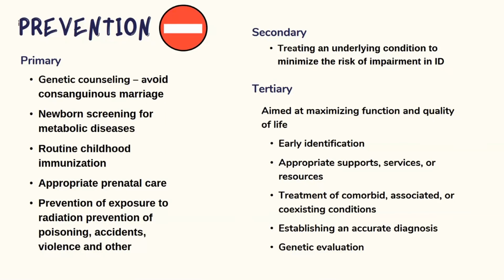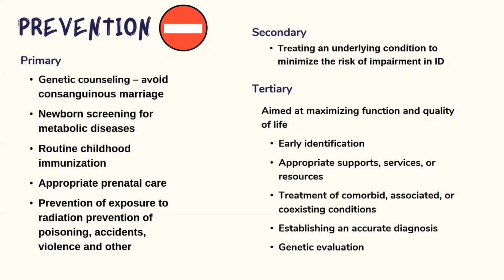Prevention of exposure to radiation. Prevention of poisoning accidents. For example, we can ensure that there's adequate folic acid during the pregnancy, and we can also reduce any risk of congenital infection. So secondary, we can treat the underlying condition in order to minimize the risk of impairment in ID.